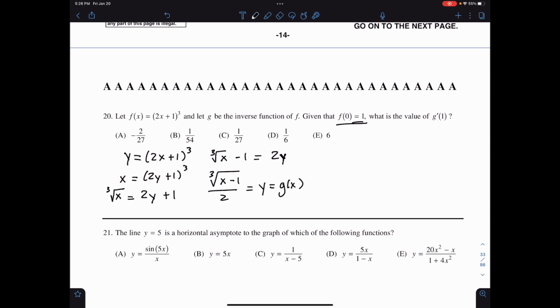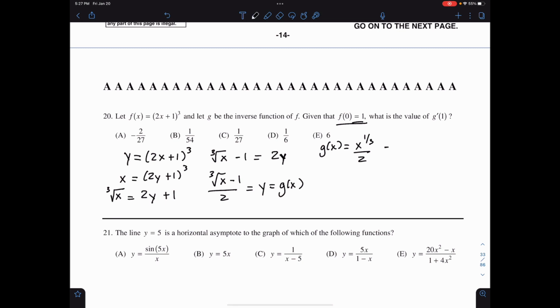So now I need to find the derivative of g of x. So g prime of x is the derivative of what we just solved for. And here, what I'll start with is rewrite the equation so it's easier to take the derivative. So I'm going to say g of x is equal to x to the 1/3 divided by 2, minus 1/2.